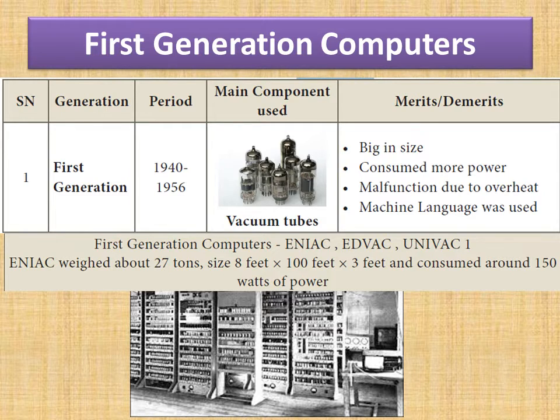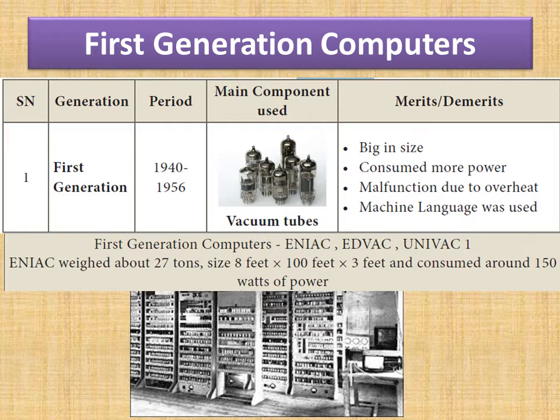What is the expansion for ENIAC? Electronic, numerical, integrator and calculator. Who developed it? J. Presper Eckert and John Mauchly. Where was it developed? At the University of Pennsylvania. Children, it occupied about 1800 square feet.